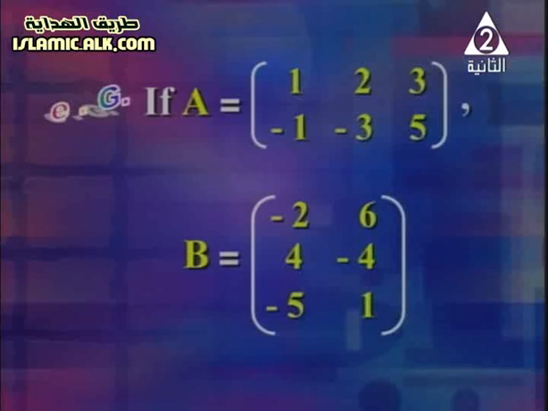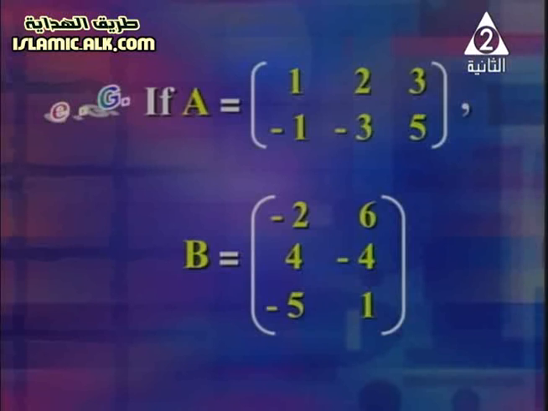Dear student, look at the matrix A. What is the order? Excellent student: 2 by 3, 2 rows, 3 columns. Look at the matrix B. What is the order? Excellent student: 3 by 2.